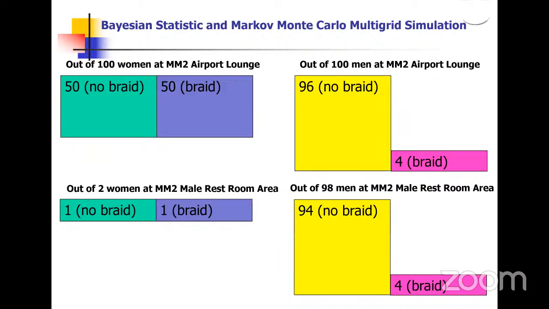So based on this, now you can compute your probability. And then you feel that probably you have 2 women too in that corner. Maybe they are waiting for their partner. So if you have 2 women close to that male restroom, you first of all assume, let's say one of them has braid, and one of them does not have braid. You can come up with a probability.